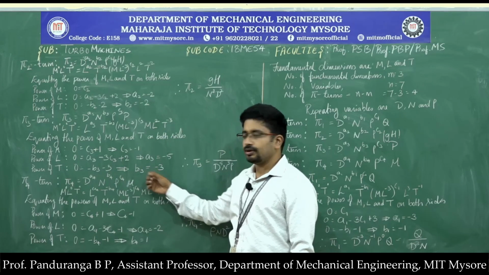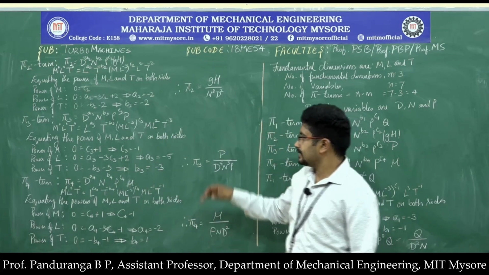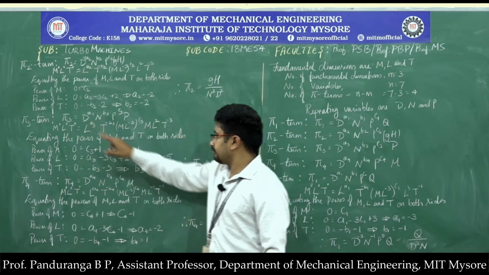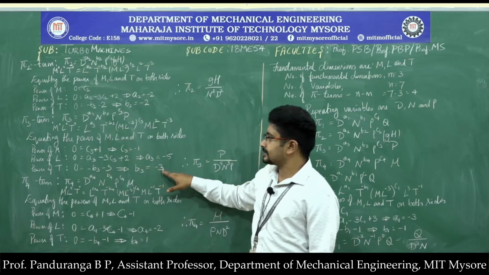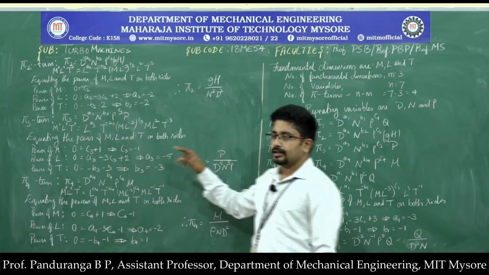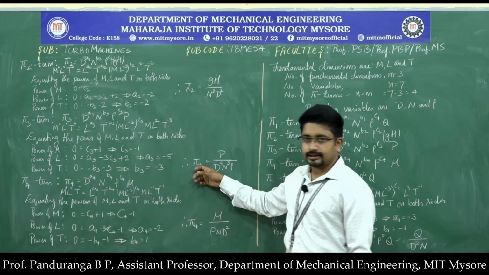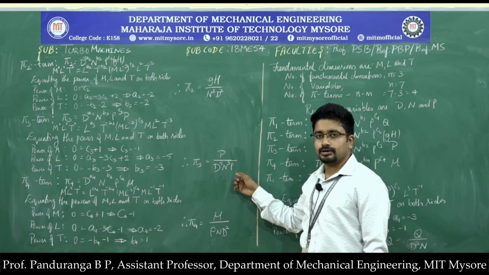So b3 will be equal to minus 3. So the pi 3 can be written as d to the power of minus 5, n to the power of minus 3 and rho to the power of minus 1 into p, or pi 3 will be equal to p divided by d to the power of 5 n cube rho.